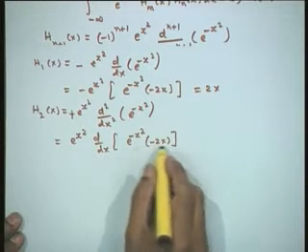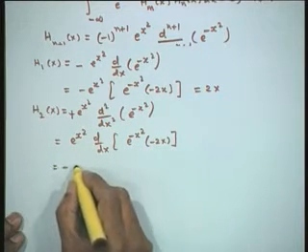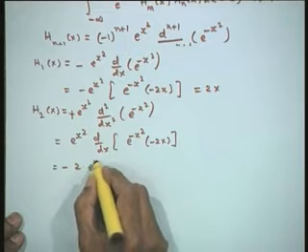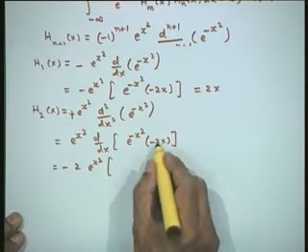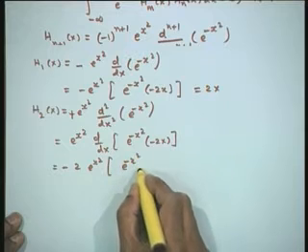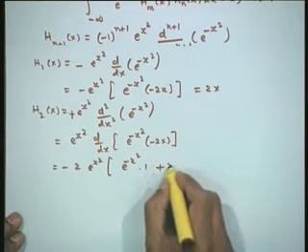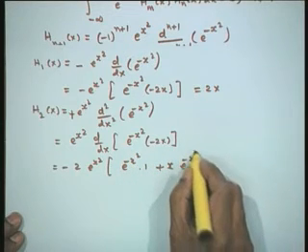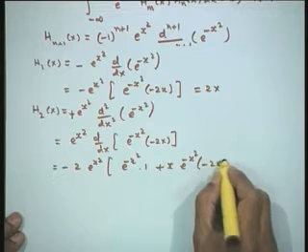Let us take this minus 2 outside and then I have exponential of x squared, then I differentiate this as a product. So, exponential of minus x squared into 1 plus x into e to the power of minus x squared into minus 2x.